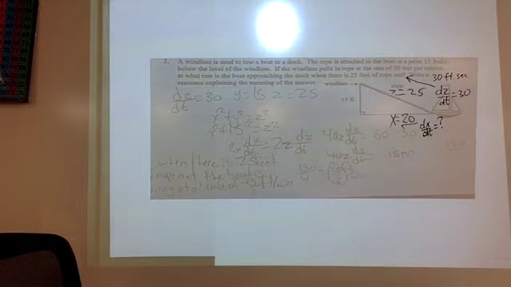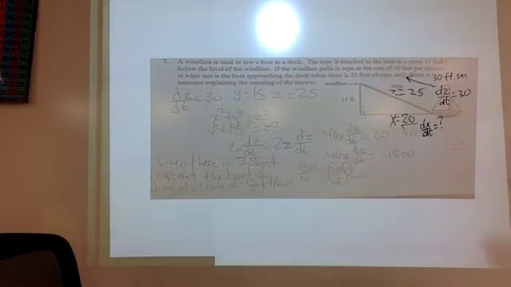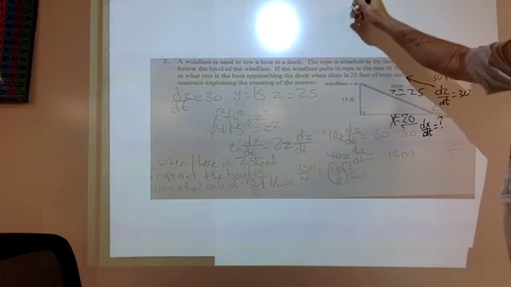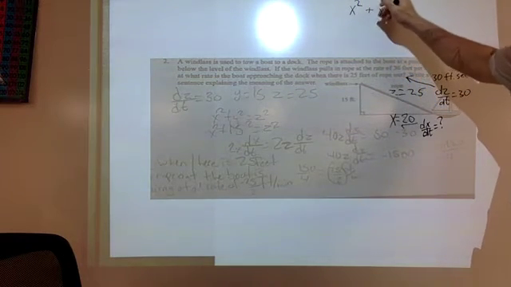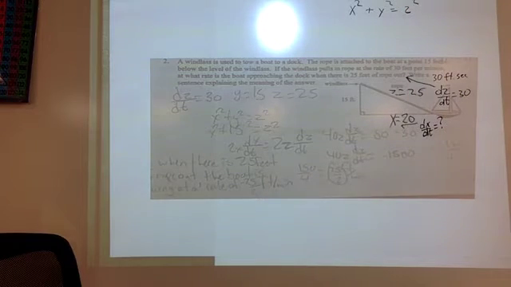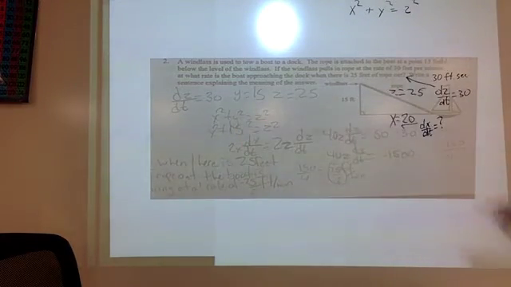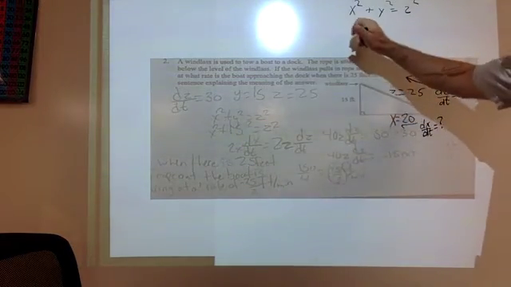So we need a formula that we could take the derivative of, which is going to be the Pythagorean theorem. So that's going to be your x squared plus your y squared equals your z squared. And then you could take the derivative of that, but it looks like they substituted in the y first, so let's just do that.